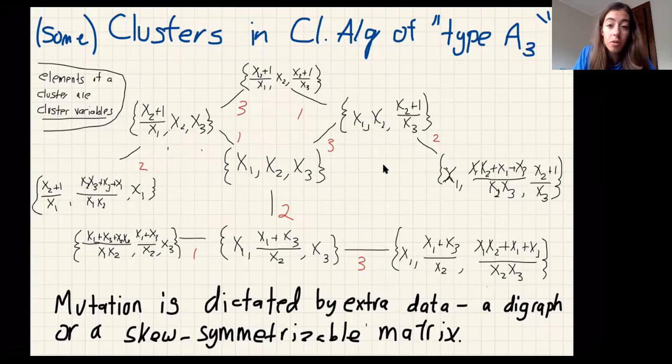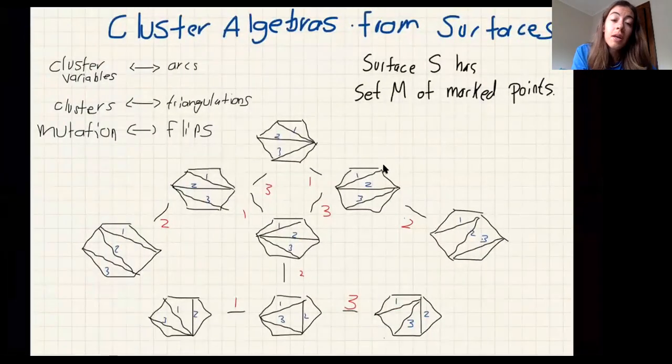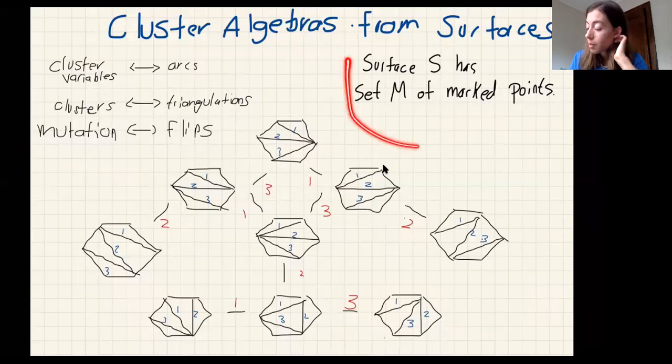Now in motivating cluster algebras from surfaces, I can make the same sort of picture, instead using triangulations of a surface. When I say surface, I'm going to think about the surface as having a certain special set of marked points. Those marked points are the places that are allowable start and end points for arcs.